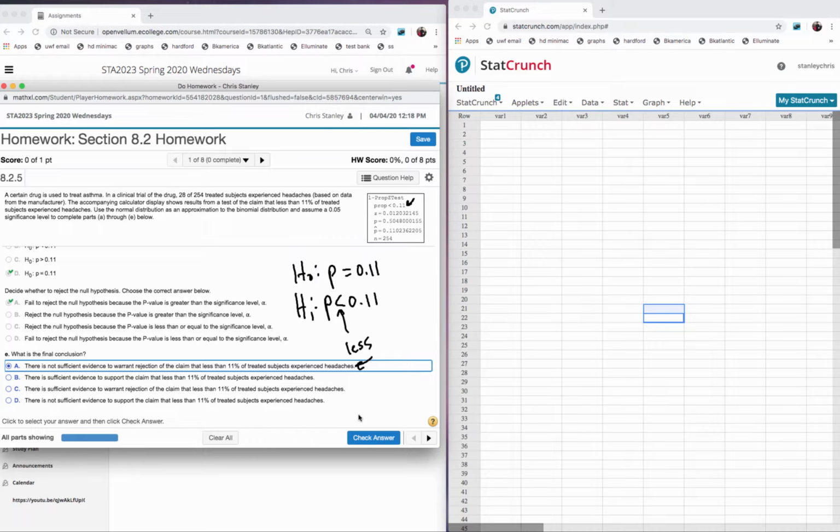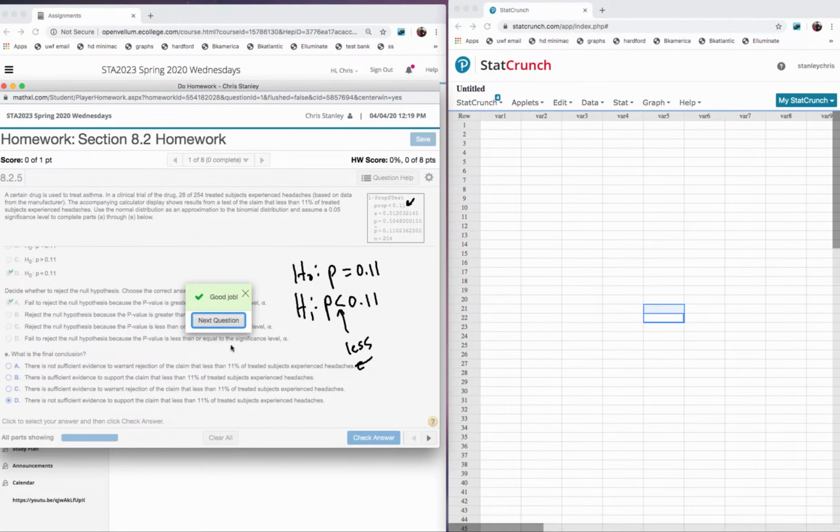Whenever you fail to reject, that's not evidence for the H1. There's not sufficient evidence to support the claim that less than 11%. There you go. It's the last one.